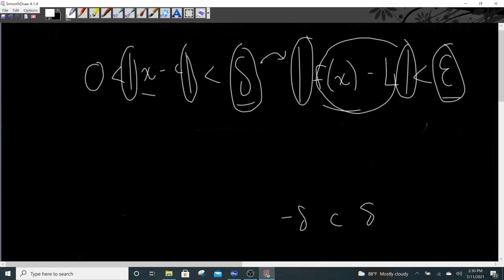We know that this is a small subdomain that necessitates the formation of a small range between epsilon and negative epsilon, with L, a random y value, in between.